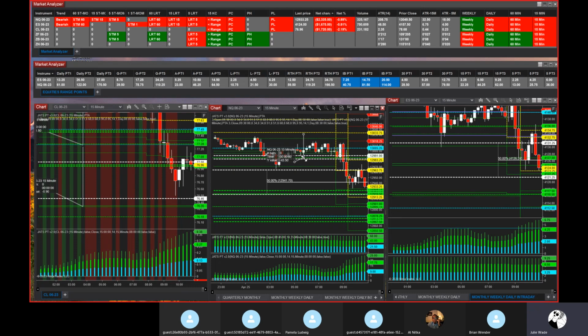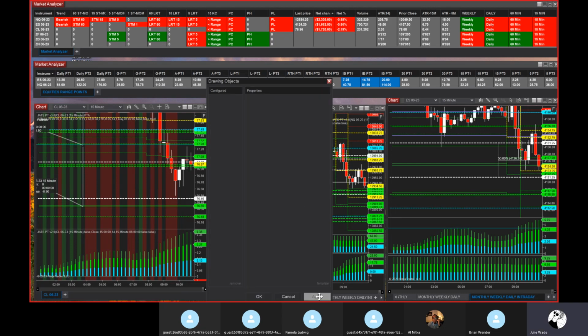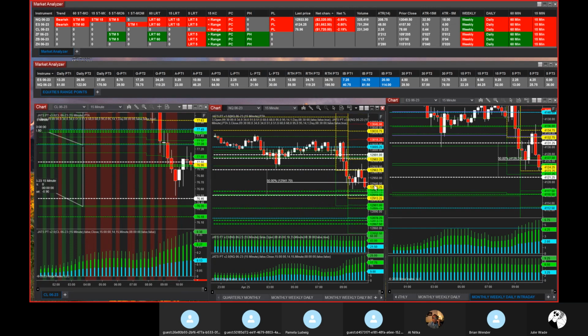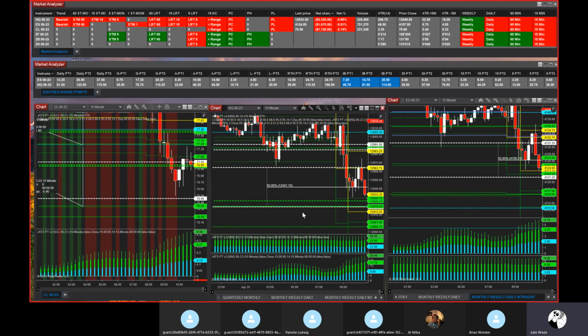So here's 43. That's going to take you down to the PT1. But there's some resistance before you get there, including the lower 1 hour one.